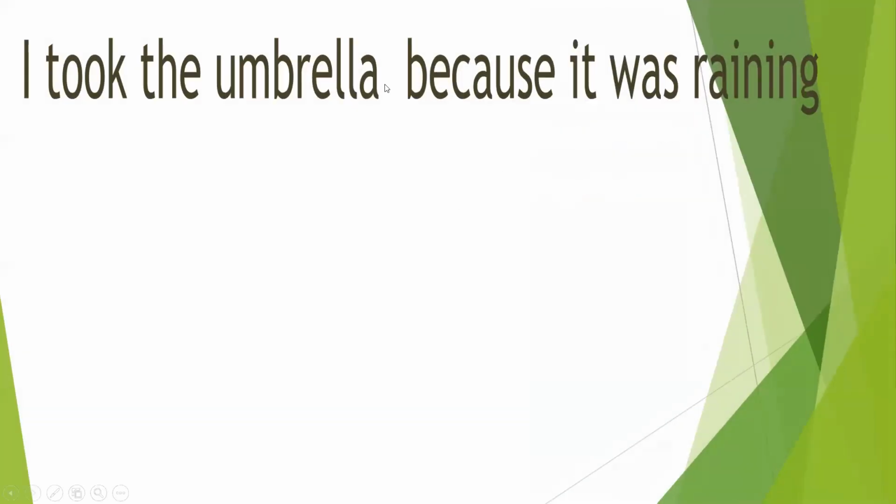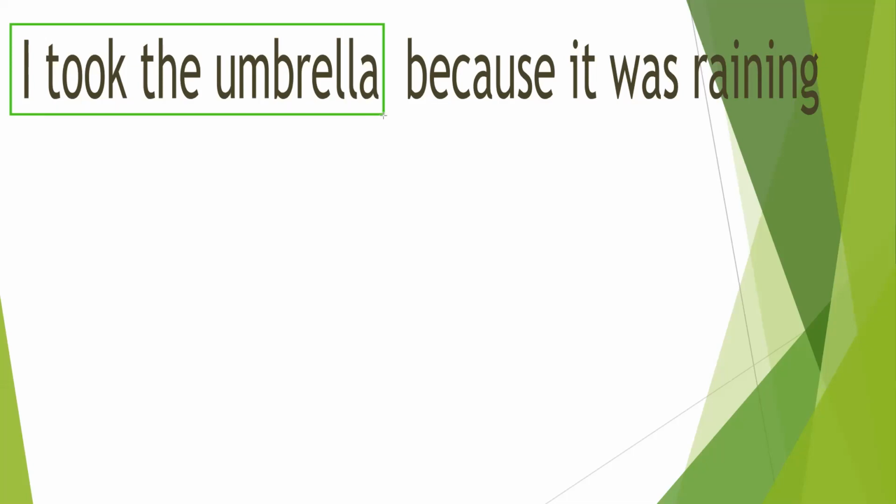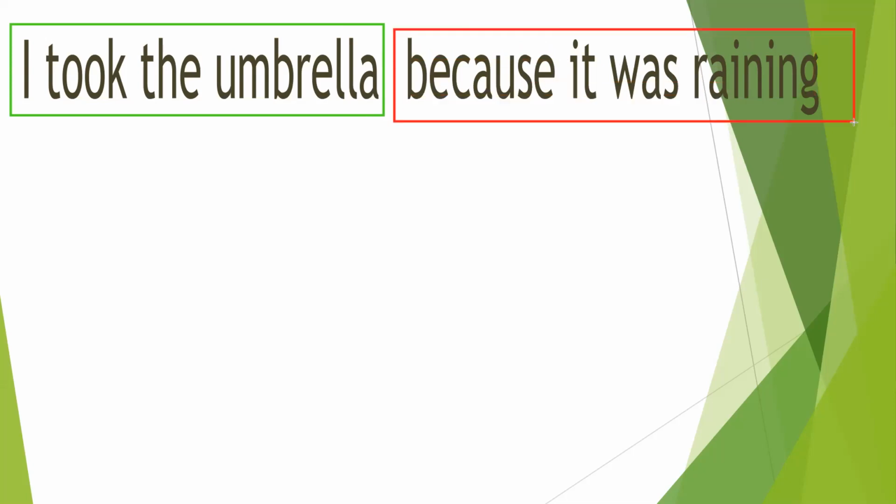Still young. All right. I took the umbrella because it was raining. Here, it's one sentence, but it's made up of two clauses. I took the umbrella. The second clause is because it was raining. Which one of these is independent? Which one of these is dependent? I took the umbrella. Can I say, I took the umbrella, full stop?